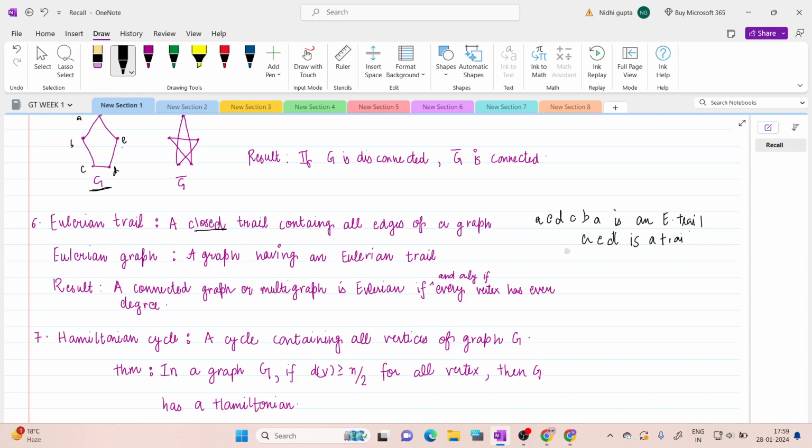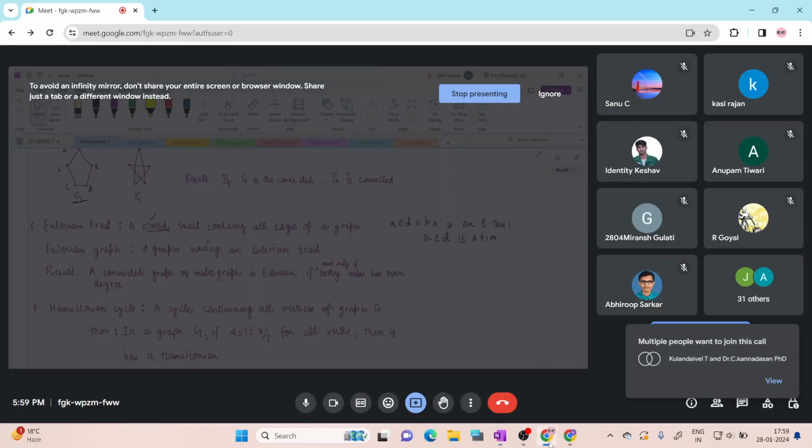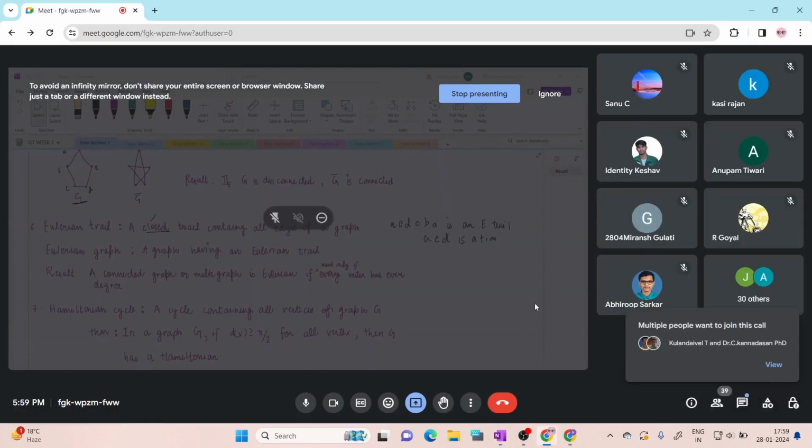But an Eulerian trail has two more conditions: first, that the first vertex and last vertex should be the same, which is what closed means, and secondly, it should contain all edges of the graph. Somebody in the beginning asked what the difference is, so is it now clear?